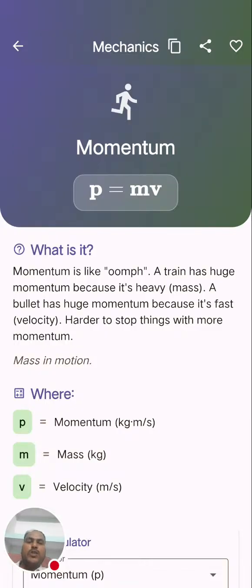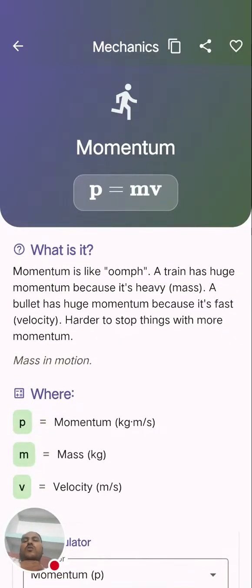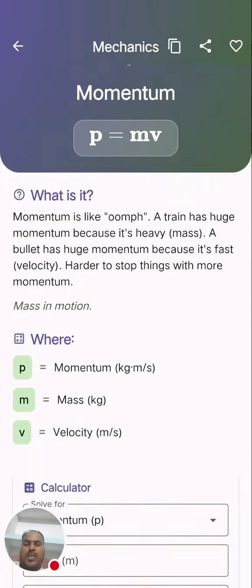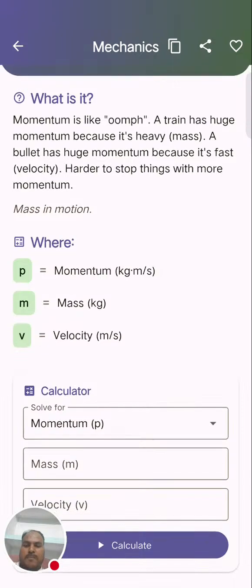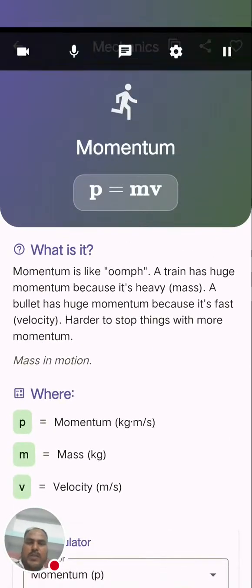A bullet has a huge momentum because it has fast velocity. It is harder to stop things with more momentum. So momentum formula P equal to m into v, where P stands for momentum, m stands for mass, and v stands for velocity.